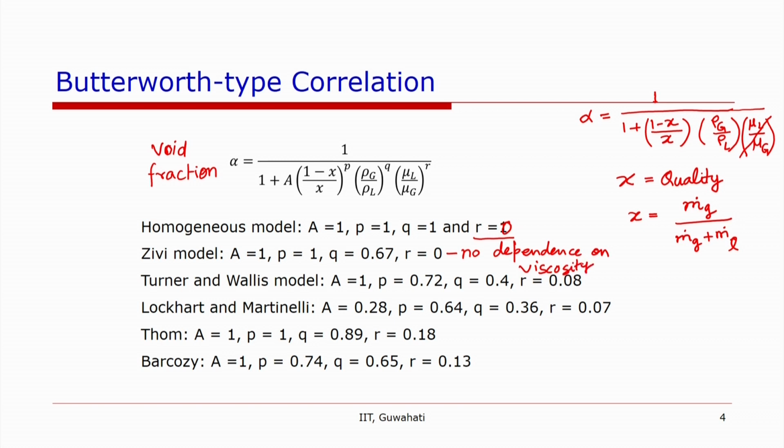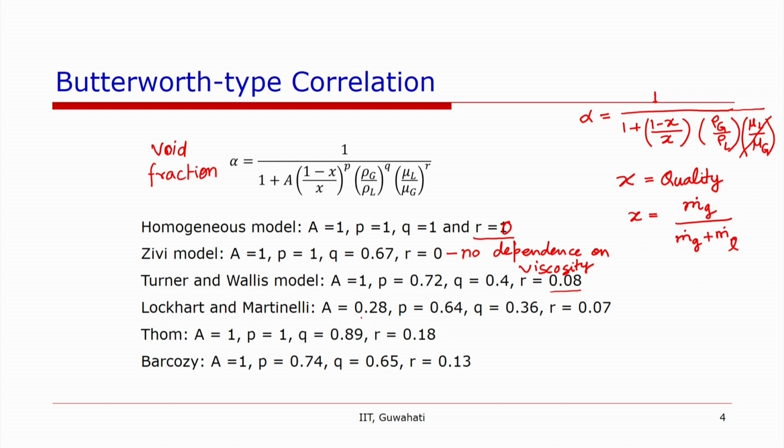Okay. Now the Turner and Wallis model have A is equal to 1, P is equal to 0.72, Q is equal to 0.4 and R is equal to 0.08.